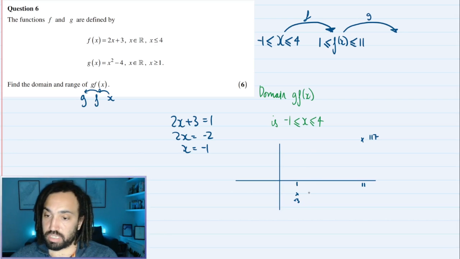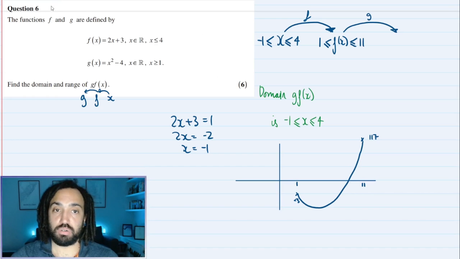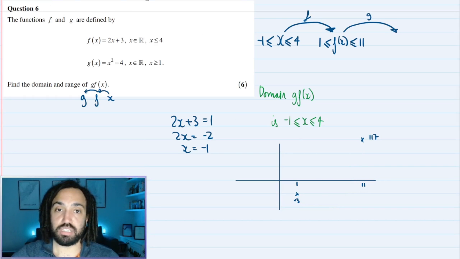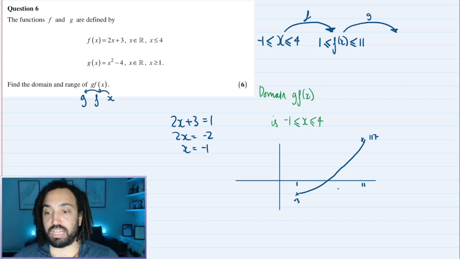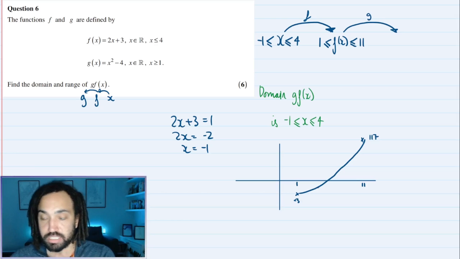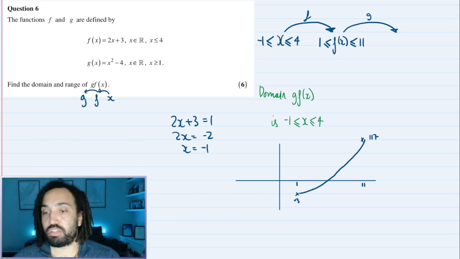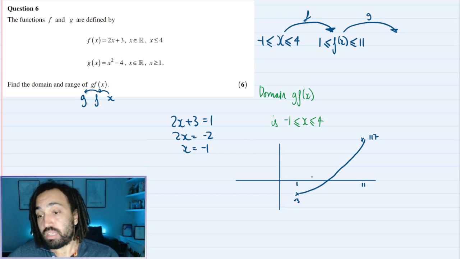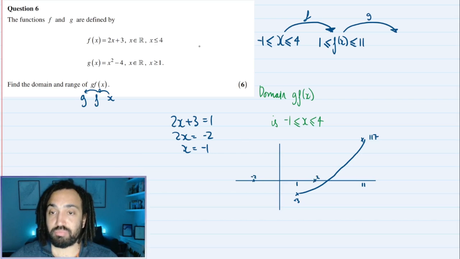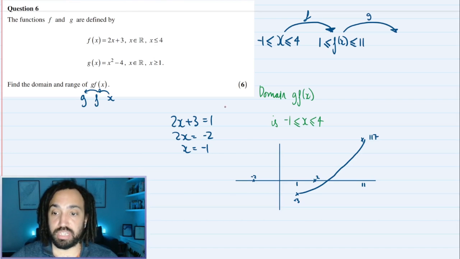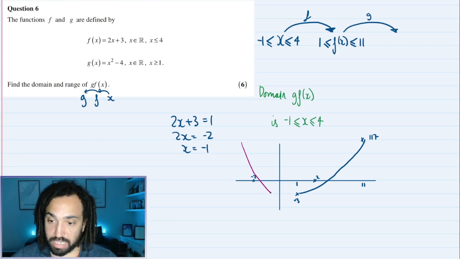Now, it may go like this, in which case it actually goes lower than minus 3. Or it may just keep rising from minus 3 upwards, like that, in which case it's between minus 3 and 117. Well, how do we know which one it does? Well, we know it has roots at 2 and minus 2, and in fact it means that the minimum point is actually going to be at minus 4, so it's going to be symmetrical.